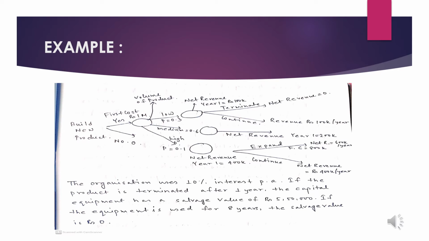Most importantly, if the product is terminated after 1 year, that is, the organization doesn't want to use it after 1 year, the capital equipment or the fixed cost will have a salvage value of rupees 5,50,000. And if the equipment or those fixed assets are used for 8 years, the salvage value becomes 0. So this is the particular example which has been talked about here. In the next few slides, we will be trying to solve this particular problem.